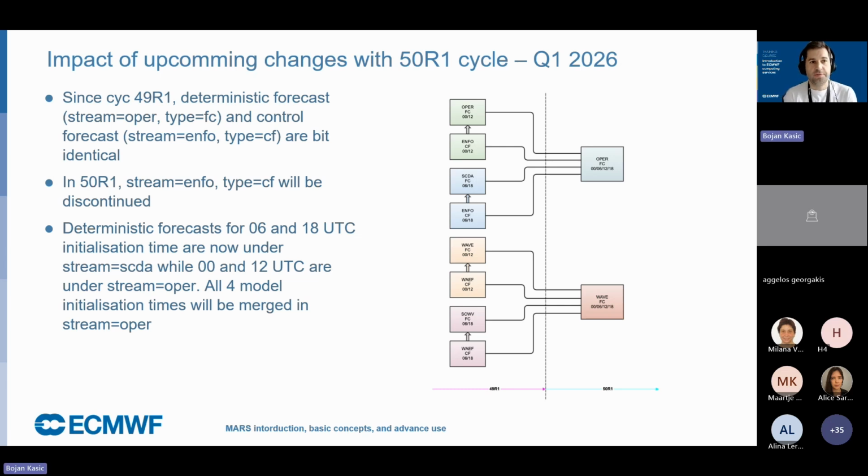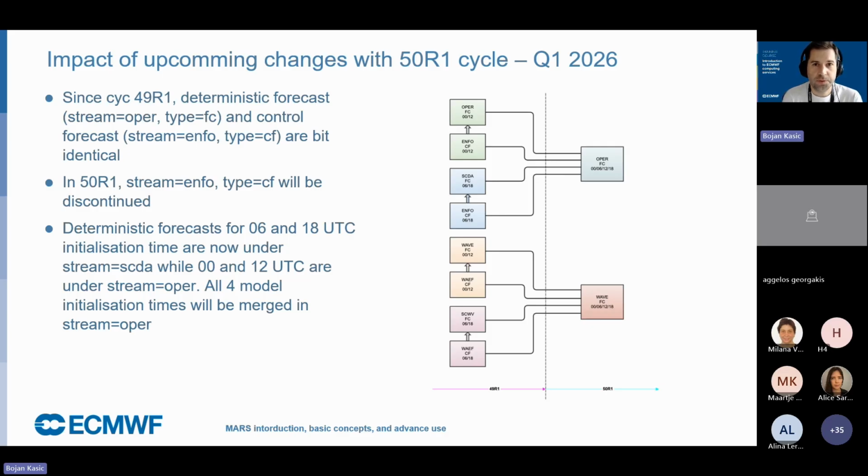And when mentioning 50R1, 50R1 will also bring some changes to Mars. Basically, in the current cycle, the ensemble control member is bit identical to the deterministic forecast.